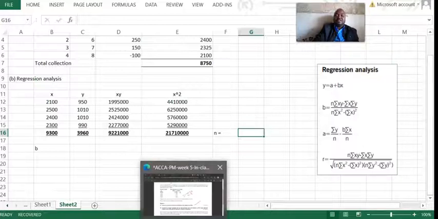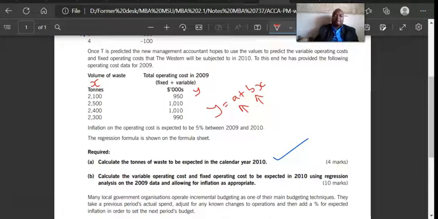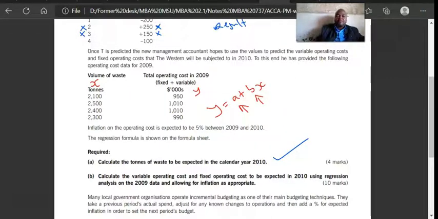Okay, in the question, the number of variable categories. In this case, I've got the category for 2.1 tons, 2.5, 2.4, 2.3. So we've got 4 sets of data. So we have got our N is equal to 4, or some time periods rather.